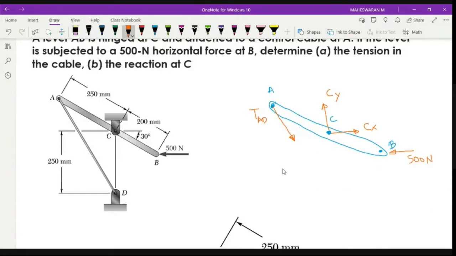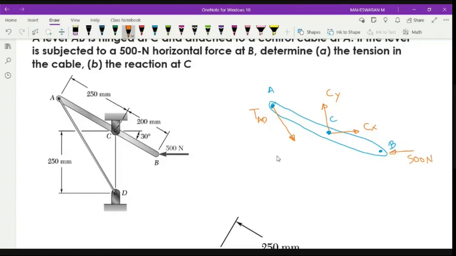The next step is I have to resolve the force. Whenever I have an inclined force, I have to resolve it into horizontal and vertical. Whenever I have an inclined distance, that also I have to resolve into horizontal and vertical. These are the two very important things you have to concentrate on.